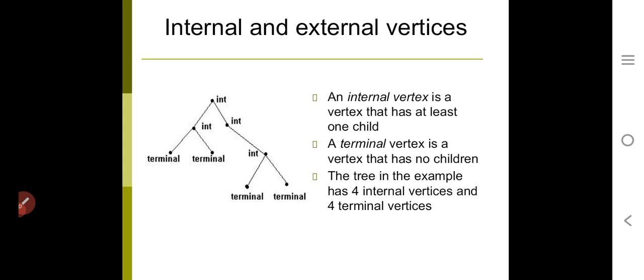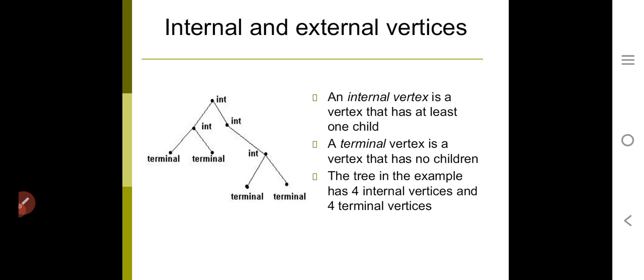Then external vertex. An external vertex means it has no child, that means it has degree only 1. The degree of the vertex is 1. It is called a terminal vertex or external vertex.